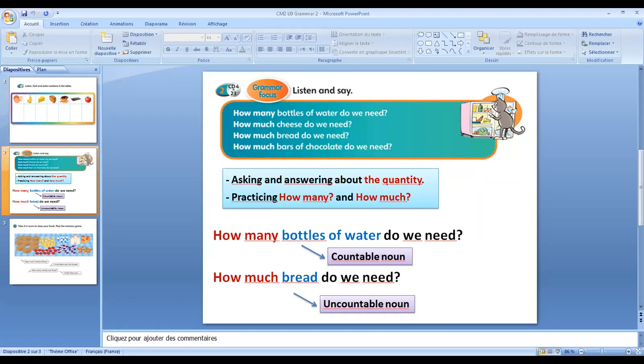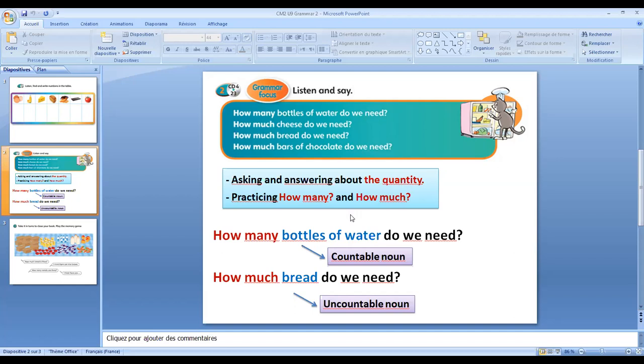For example, let's see these examples. How many bottles of water do we need? How much cheese do we need? How much bread do we need? And how much bars of chocolate do we need? So look, we use how many and we use how much in order to express the quantity.